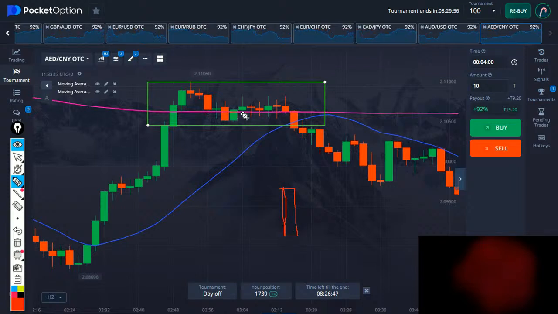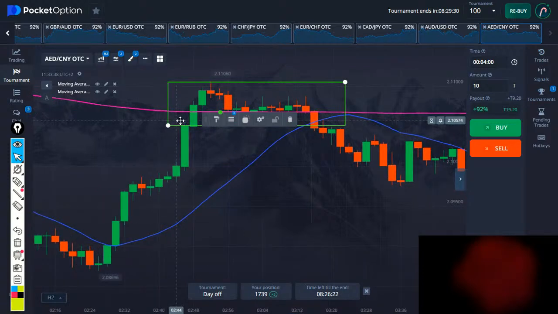So you have your magic four. This is your 200 moving average. That's your 200. That's your 20. The difference in distance between the 200 and the 20 should be tight, relatively close. Once you have this, you mark your last 10 to 12 candles over here.